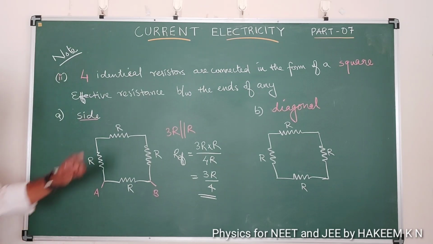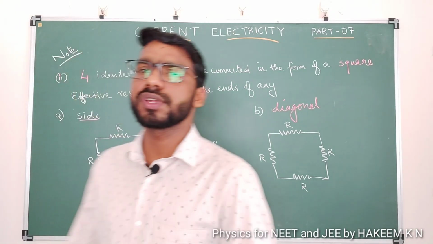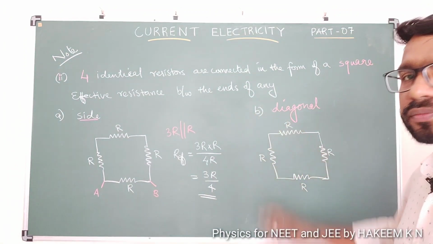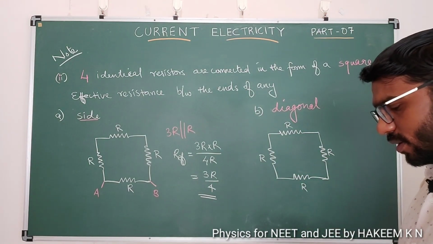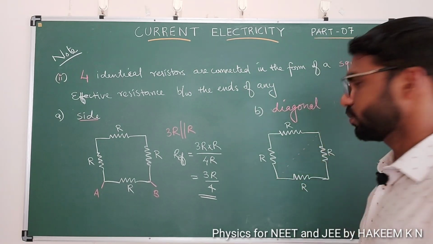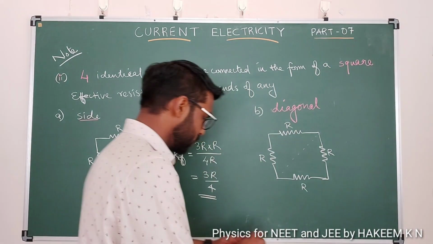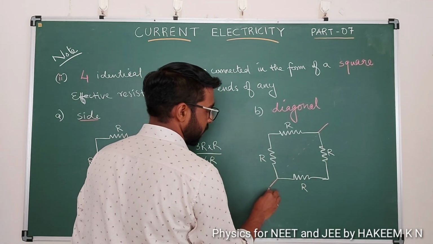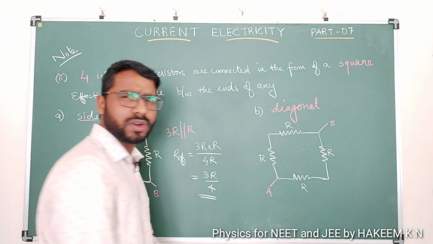That is the effective resistance between the ends of any side. And what about here? Between the ends of any diagonal. This is the diagonal, right? So these will be the points, A and B. You can give PQ, whatever.